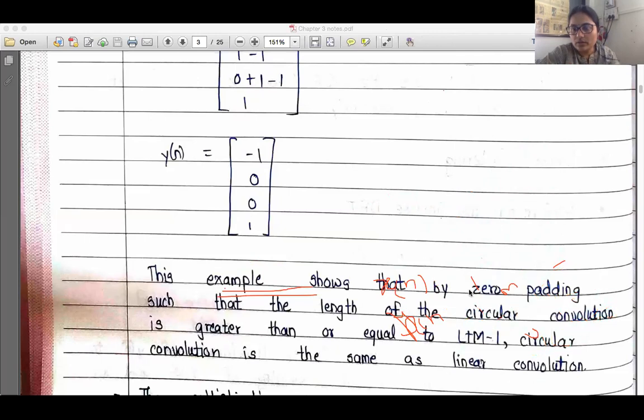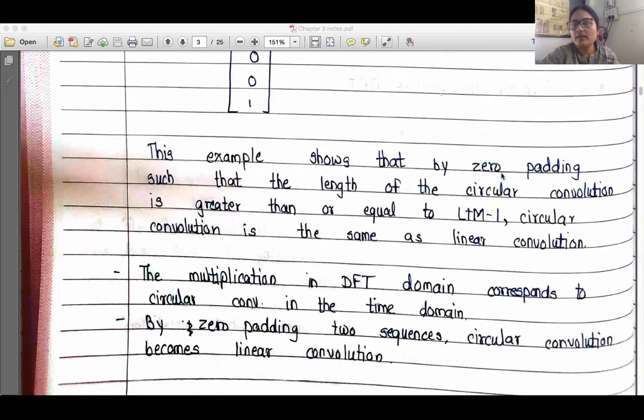You can see in the conclusion that this example shows that by zero padding such that the length of circular convolution is greater than or equal to L plus M minus 1, circular convolution is the same as the linear convolution.